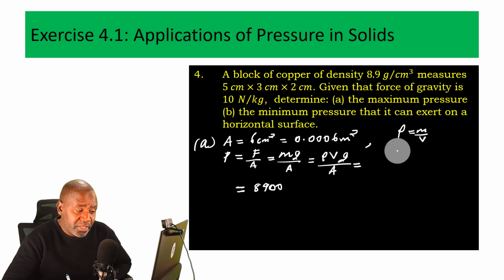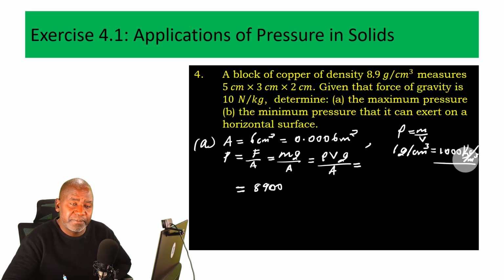I know something else, that 1 gram per centimeters cubed is equivalent to 1,000 kilograms per meters cubed. We already know this fact. So I've converted 8.9 grams per centimeters cubed into kilograms per meters cubed, because everything must be in SI units.